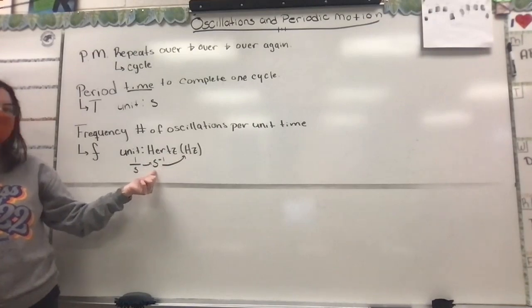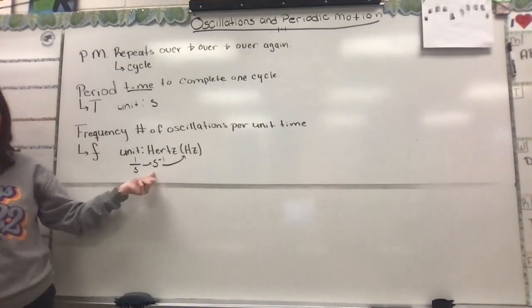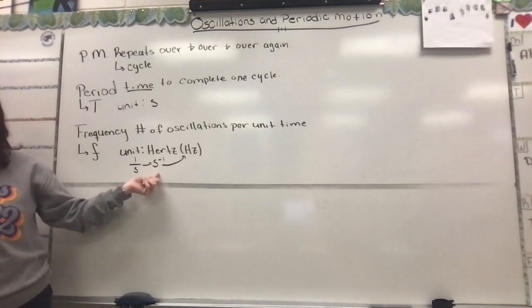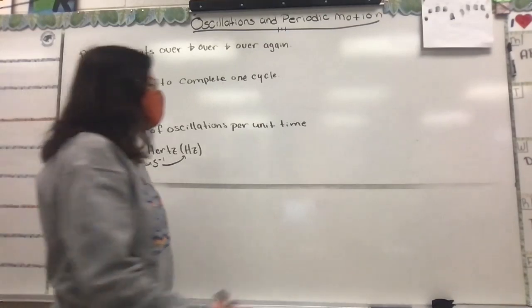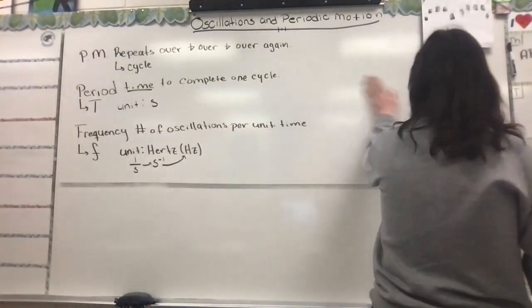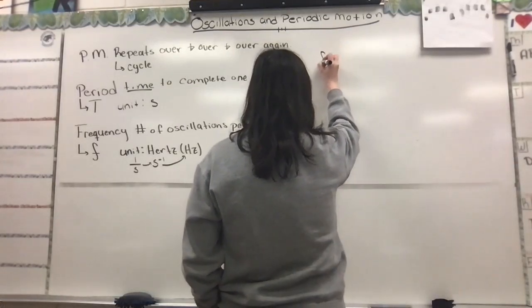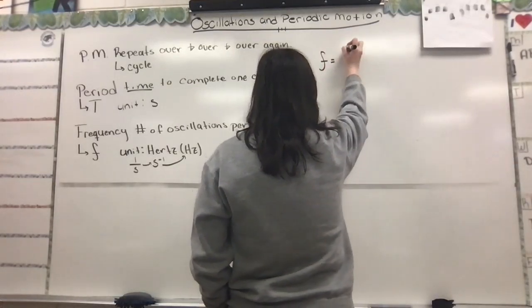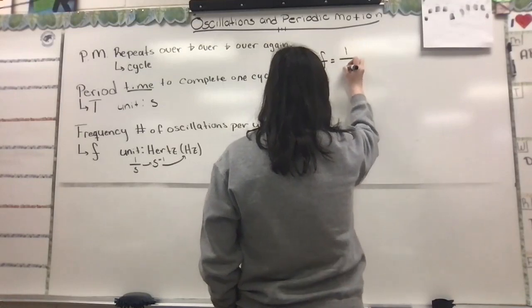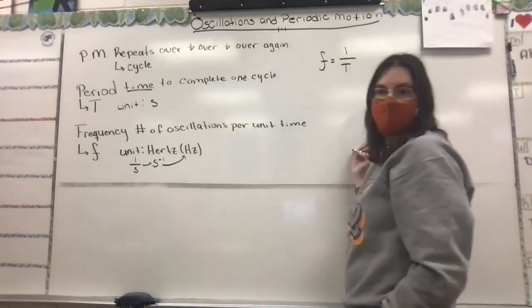Okay? And the best way to see that this is what it represents is to look at one of our equations for frequency. So the first two equations we're going to see today: frequency is equal to 1 over period.